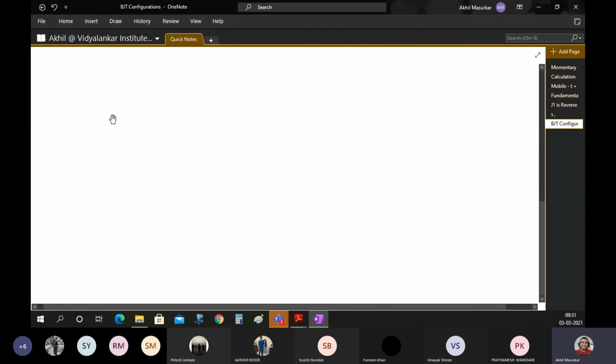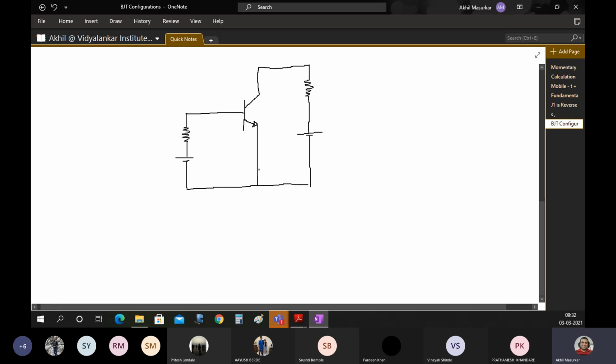Common emitter means first your emitter has to be common. Draw like this. Then here we have, let us say, a resistance. Another resistance. This way.